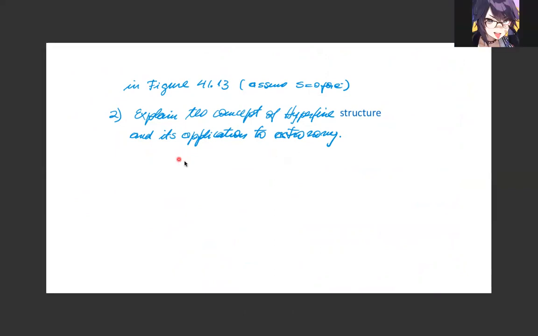Then read somewhere, internet if you want, and write a paragraph, 5 or 10 lines, explaining what the hyperfine structure of the hydrogen atom is, and what is the relevance of its application in astronomy.